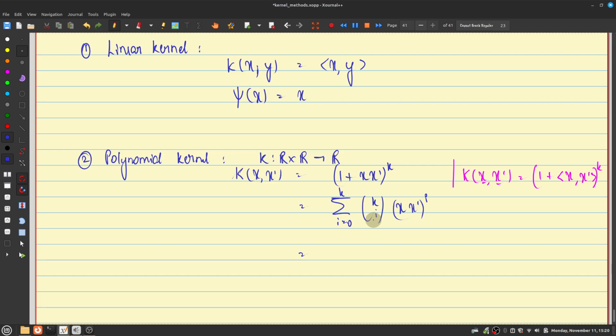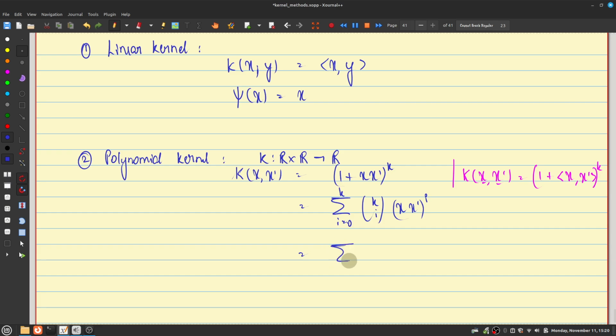The ith component is going to be x to the power i. I have only one k choose i, so square root of k choose i on each side.